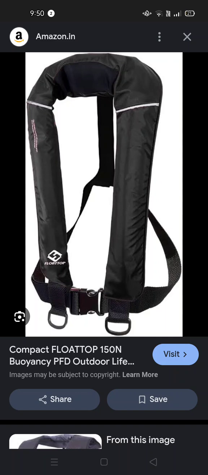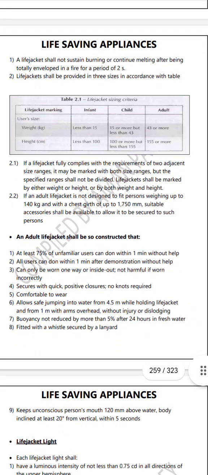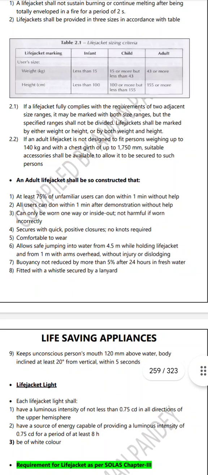And another requirement says that, so let's see what all is there. If a life jacket fully complies with the requirement of 2, it should be marked with both size ranges, but the specified ranges must not be divided. Life jacket should be marked by either weight or height, or by both weight and height.